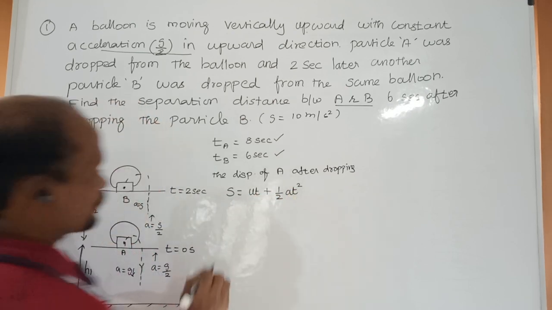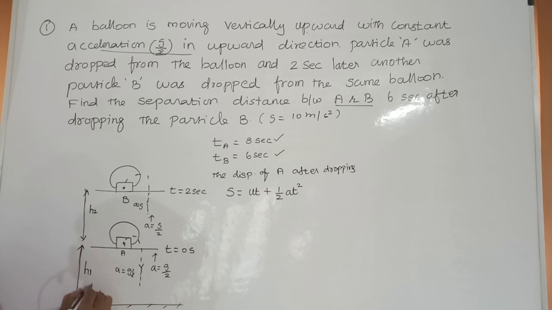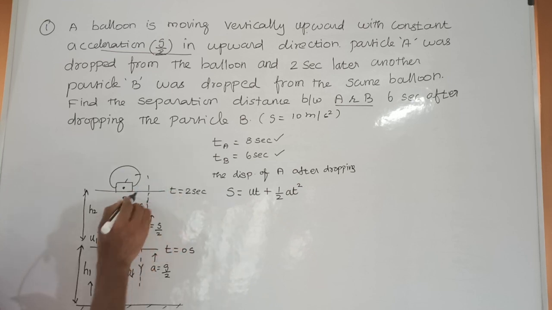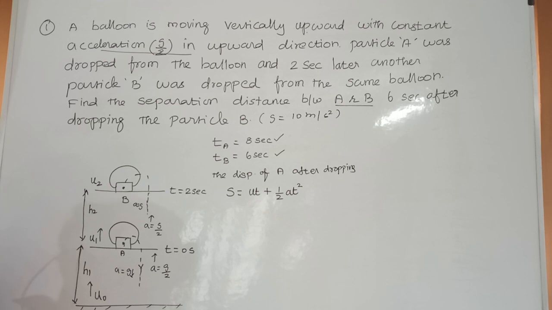This is the equation of motion. Initially the balloon moves with velocity u0. Then at t equals 0 seconds, when the particle is dropped, its velocity is u1. Then after 2 seconds, the velocity of the balloon is u2.